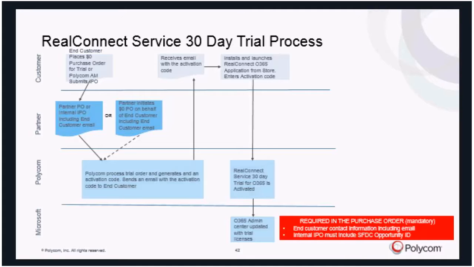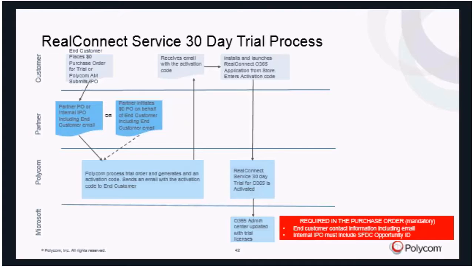So you're going to submit it just like it's a net new order. So we're still going to need that end customer email. And then we're going to go in and provide them license keys for 5 licenses for a 30-day trial. So that's going to allow them to enable this for 5 users to start trialing this out around video interop for the 30-day trial process.